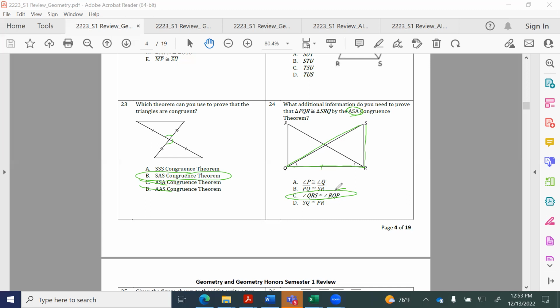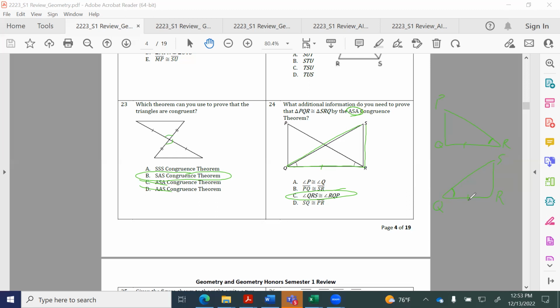Alright, so let's take this and redraw those for a second. So if I redrew those, so that I had P, Q, R, and S, R, Q. The parts that we know are congruent right now, we have this angle and this angle, right? This piece is being shared, so that's in both.